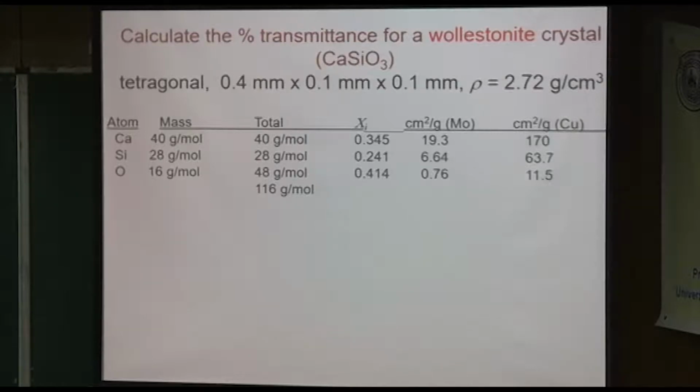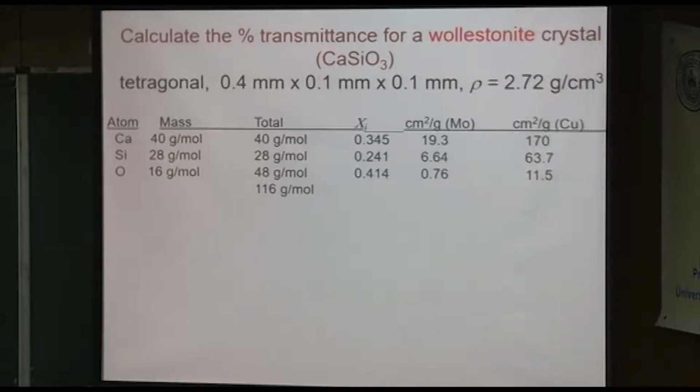Okay, so this is a mineral, calcium silicate. It crystallizes in a tetragonal space group. And if you just calculate from the formula the percentage of the mass of each type, you get, this is the atomic weight for calcium, and the total formula weight is 116, the fraction is 0.345 for calcium, 0.241 for silicon, 0.414 for oxygen.